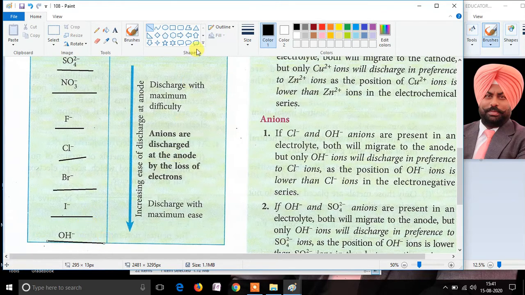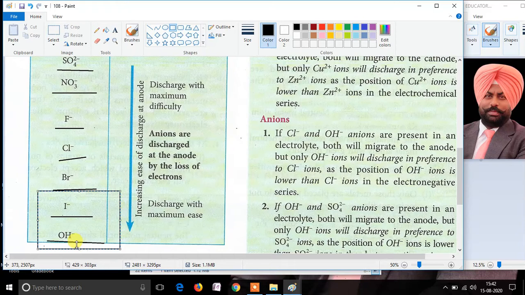If we take the example of iodide and hydroxide, iodide is placed at a higher position than hydroxide. This means iodide can form ions much more easily than hydroxide, but the migration of hydroxyl ions is much easier than iodide ions.